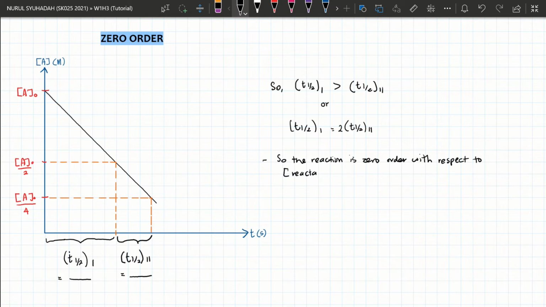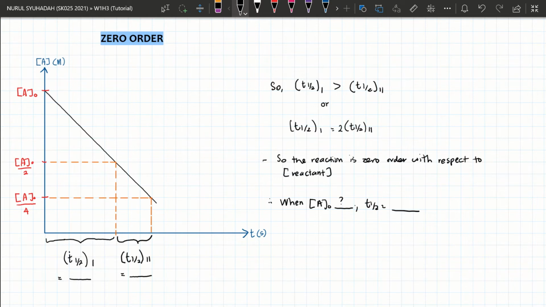So state your reactant. State specifically what is the reactant. And then you will say, when the concentration is A0, what's the value? The T half will equal what value here?